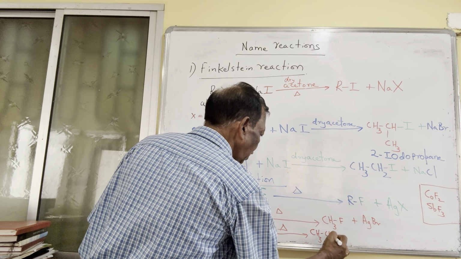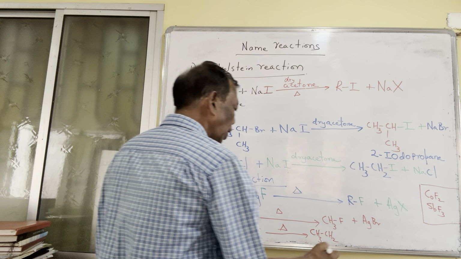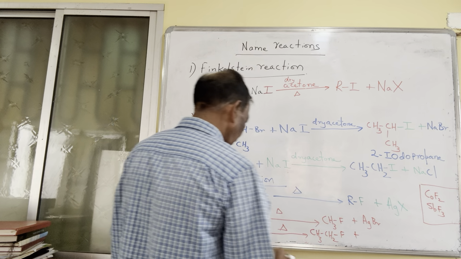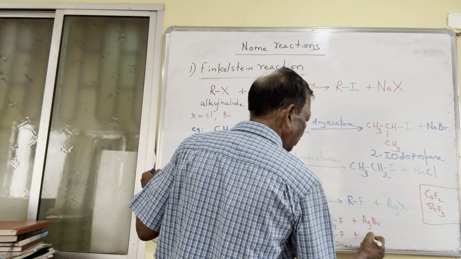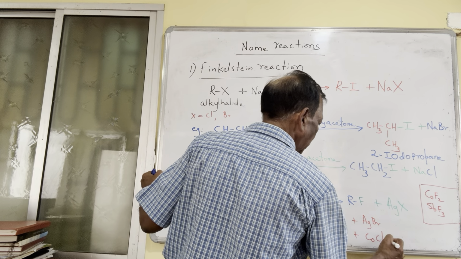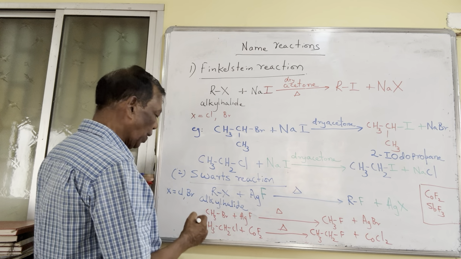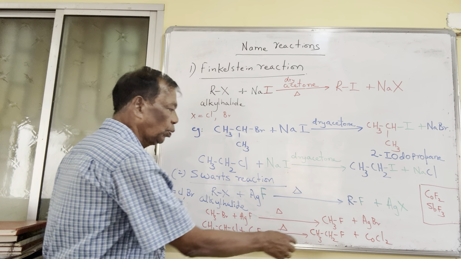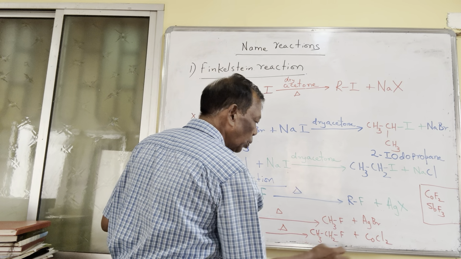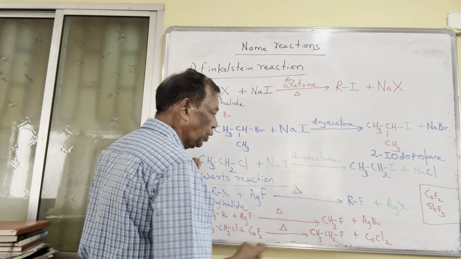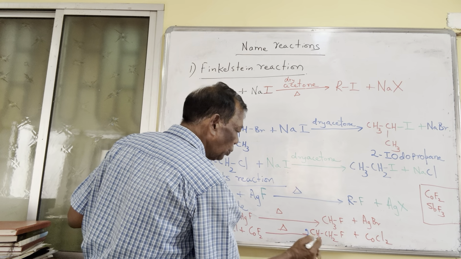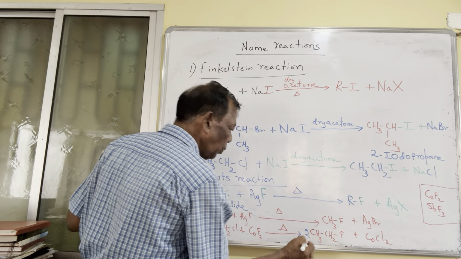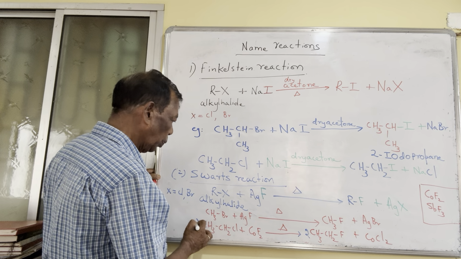CH3CH2F, and there is formation of, along with that, cobalt chloride, CoCl2. Now, if you want to balance, since this is fluorine 2, here it should be 2. If you just put this 2 over here, that means this should be 2 also.